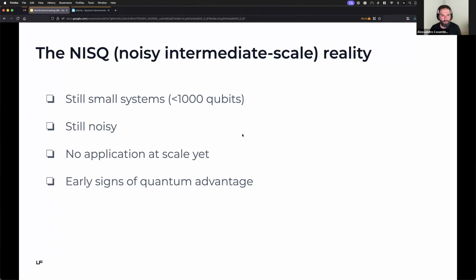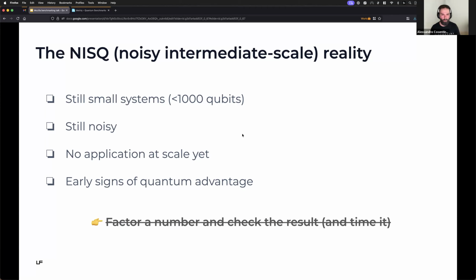Unfortunately, the machines are still quite noisy, so full of errors that one needs to correct or mitigate in some way before getting an output. And because of all of these things, we don't really have real-world applications yet, not even in quantum chemistry or the more promising ones that you can just run easily.